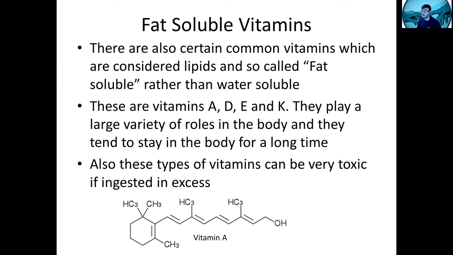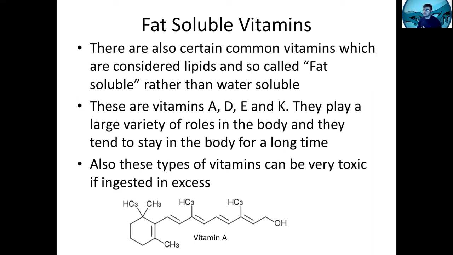Because of that, these types of vitamins can be very toxic if ingested in excess. That's why it's very bad to take a lot of vitamin A or vitamin K tablets. Those are very highly controlled, especially because little kids obviously don't know any better. They might take a lot of vitamin A and get poisoned.